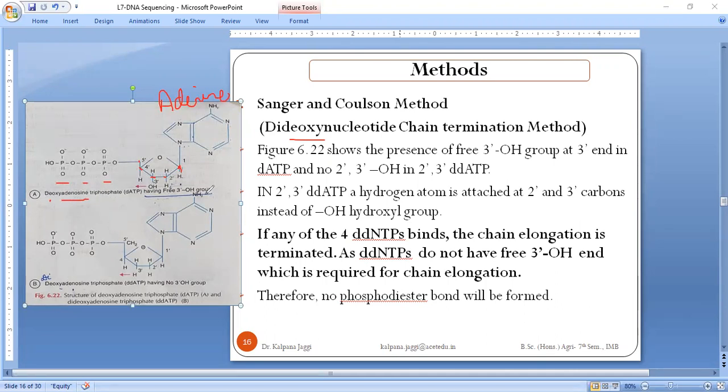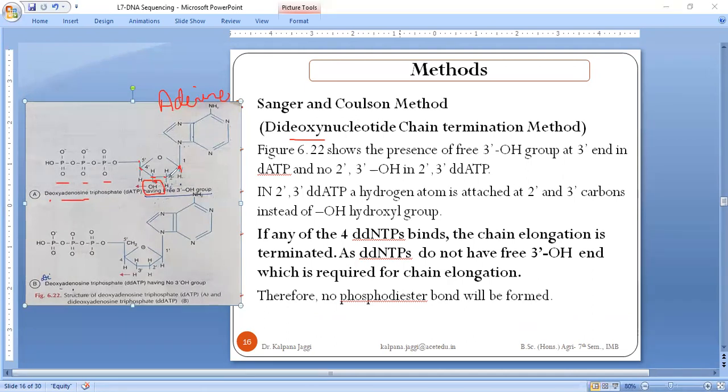And this is the 1 carbon, this is the second carbon, and this is the third carbon. If you could see at the third carbon, there is the presence of a hydroxyl group. You know, when the DNA is being synthesized, this is required. This free hydroxyl group is required for the attachment of what we call a primer.